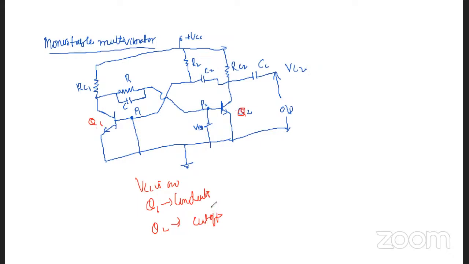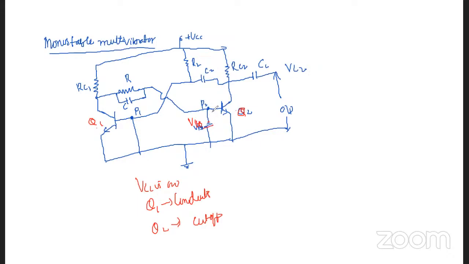Q1 conducts and Q2 is in cutoff due to the reverse bias of the battery VBB. This is VBB here, and it is in the reverse bias mode.